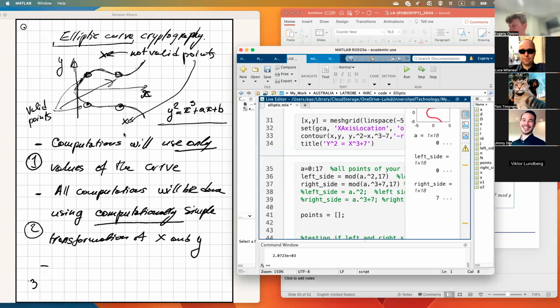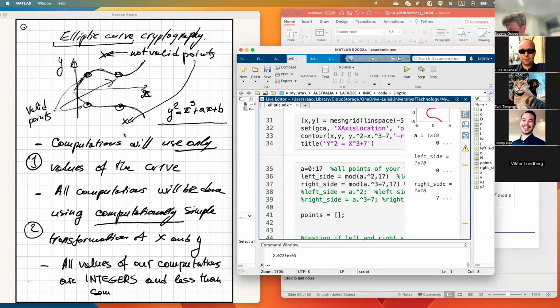So all these points on the curve, all values of our computations are integers and less than some p.